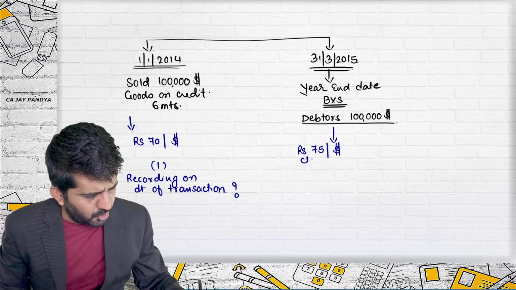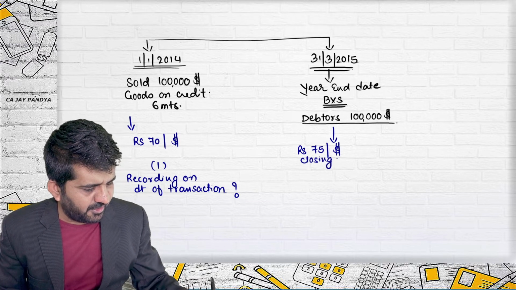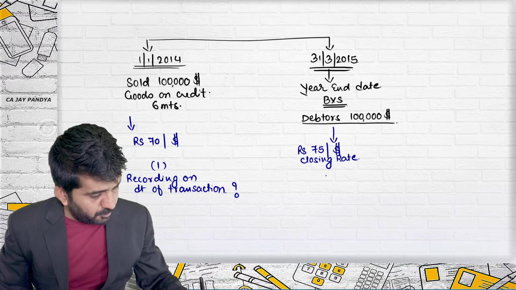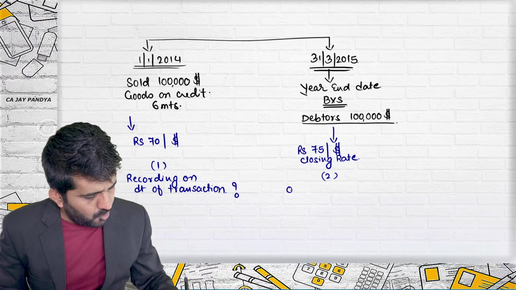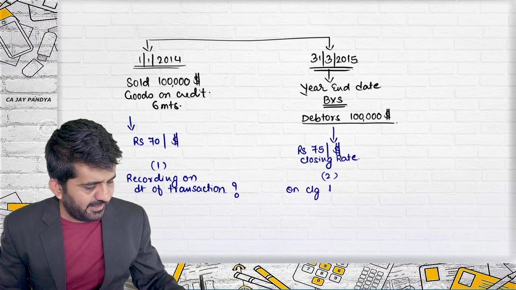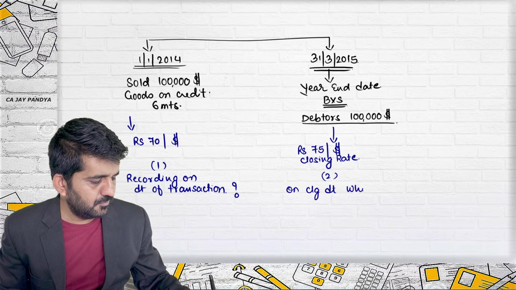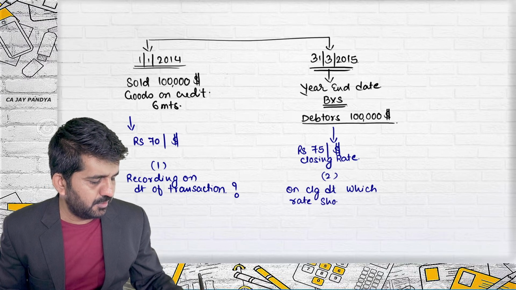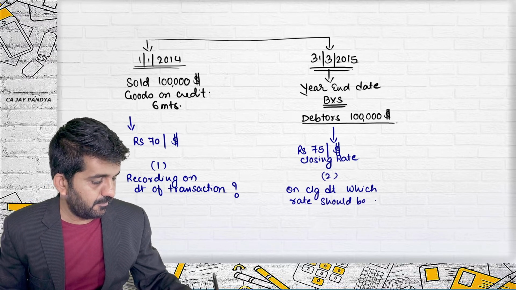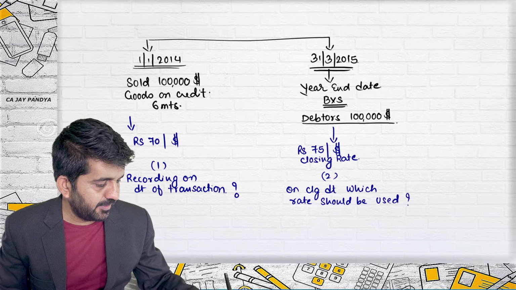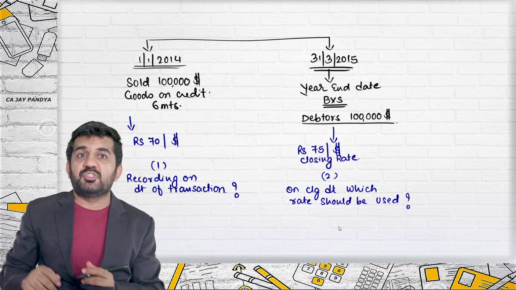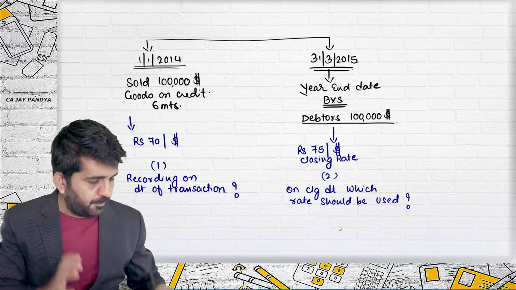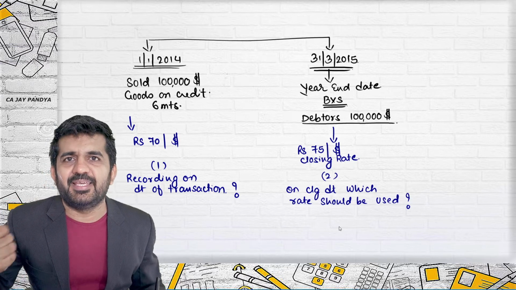This is also termed as a closing date rate or closing rate. See my question number 2. On closing date, which rate should be used? I'm not writing down the answer, I'm just writing down the questions. And all these problems will be solved by AS11.